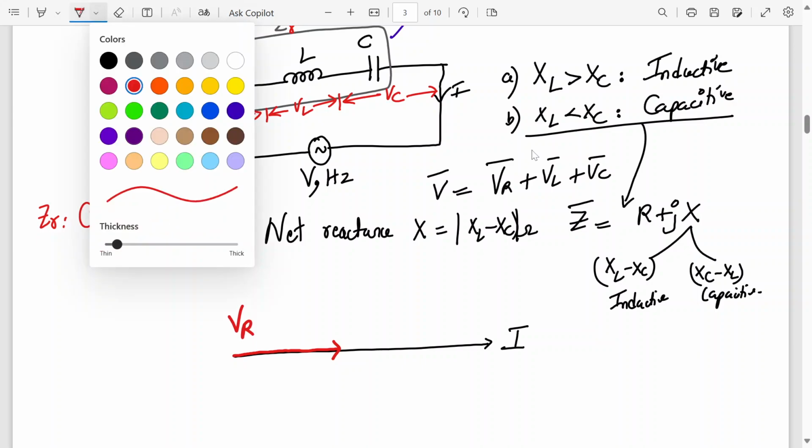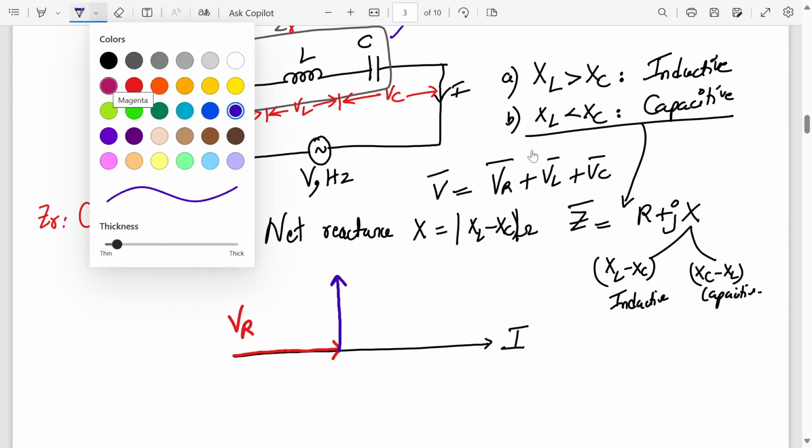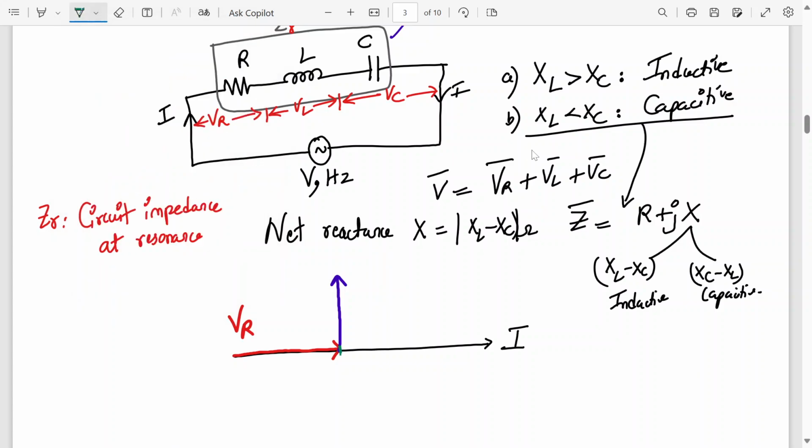Where will I draw VL and VC? That's correct. And let's say VL and VC are same. Let's say for a condition VL and VC are same, and that is actually resonance condition. So this is VL, this is VC.